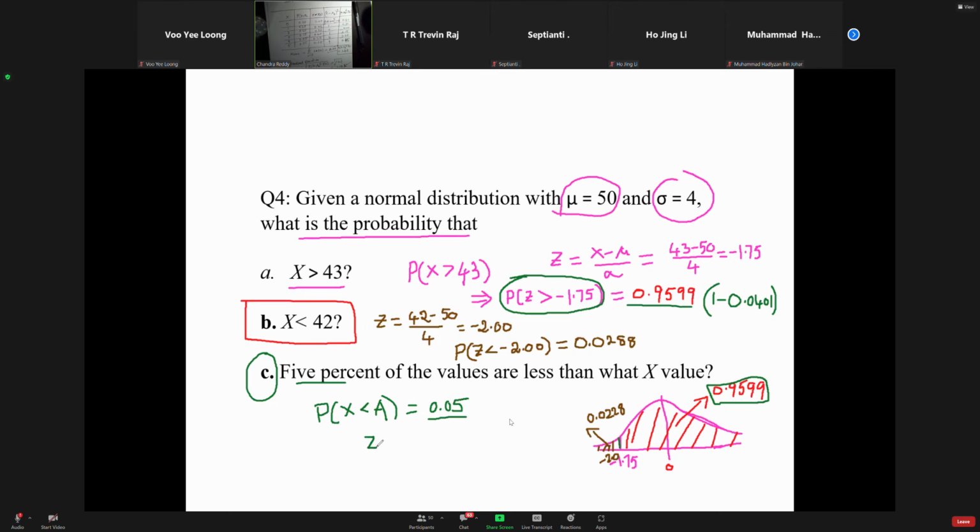No, it is not negative 1.96. You can refer to the same tables. Look for 0.05. Now the Z value, I think you will get negative 1.645.